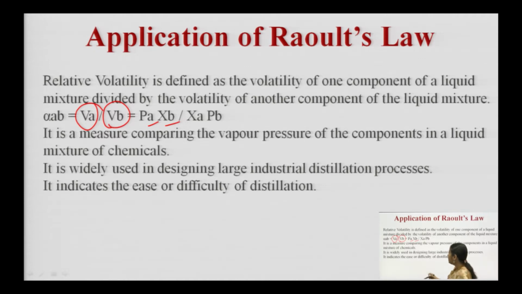When we study all these applications of Raoult's law, it is mainly important in the industrial distillation process. It indicates how difficult or how easy the distillation process can be.